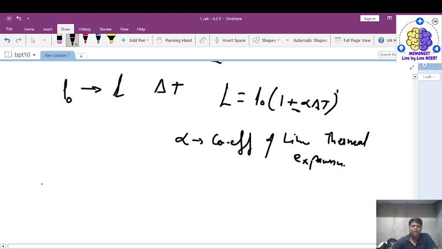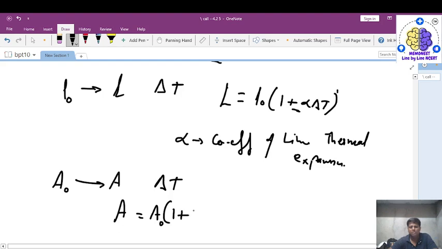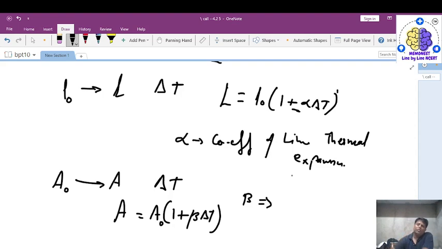Similarly, if we have a two-dimensional body and its area is A naught, and after supplying heat it changes to capital A by changing its temperature by delta T, then the new area is given by A naught into 1 plus beta delta T, where beta is the coefficient of superficial expansion.